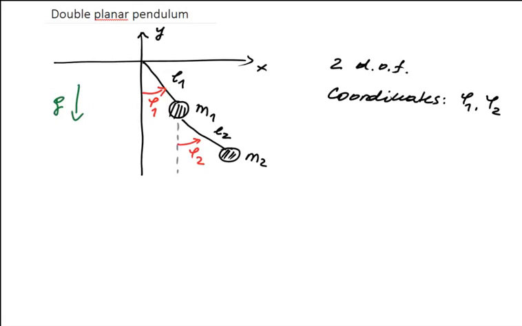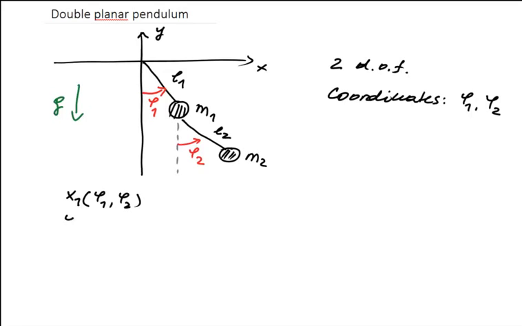As always, the starting point will be the transformation rule that transforms Cartesian coordinates to these new generalized coordinates. So we need x1 as a function of our new coordinates phi 1 and phi 2.